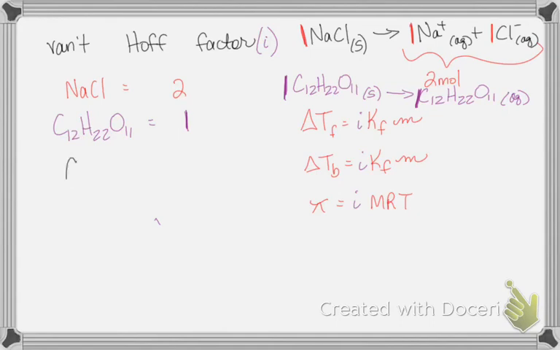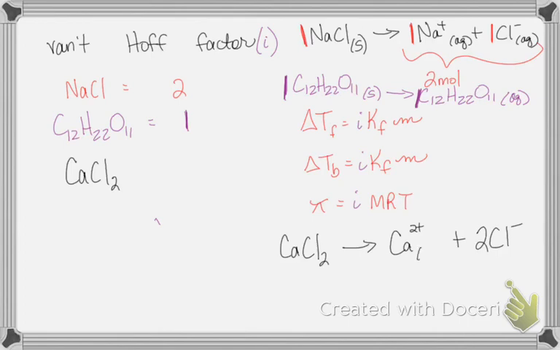Look at, for example, calcium chloride. How does calcium chloride dissolve in solution? It's an ionic compound, so it is an electrolyte. That means calcium chloride will dissolve as calcium ions and chloride ions, but aren't there 2 chlorides in calcium chloride?